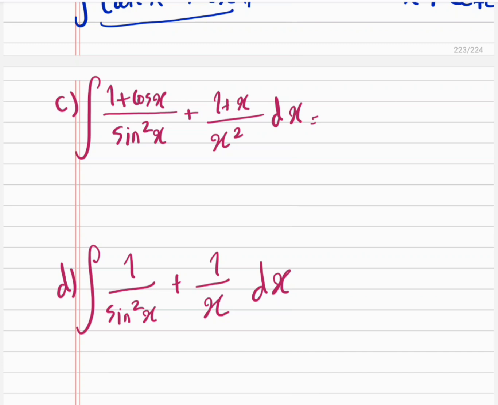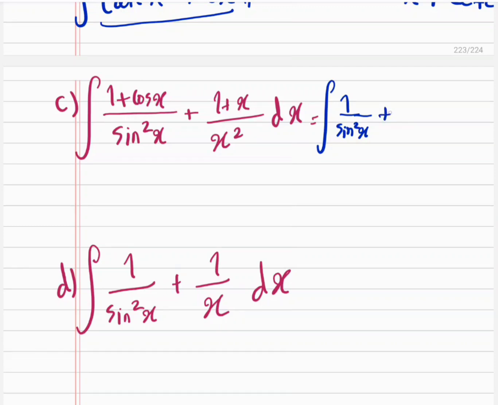Now the first thing here is just dividing each term on the numerator by the denominator, because we just have one term on the denominator, so we are allowed to do that. So that allows us to have a simpler integral. For example, when we have 1 over sine squared x, then later we can rewrite this as cosec squared x and so on.